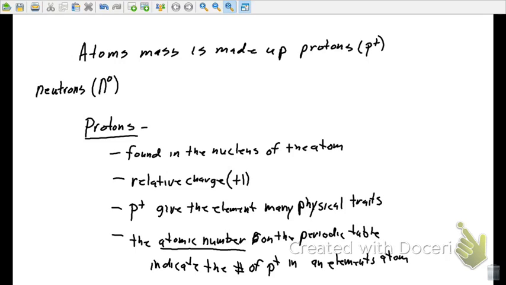Okay, I'll say that again. The atomic number on the periodic table, where you find it, will indicate the number of protons in an element's atom.